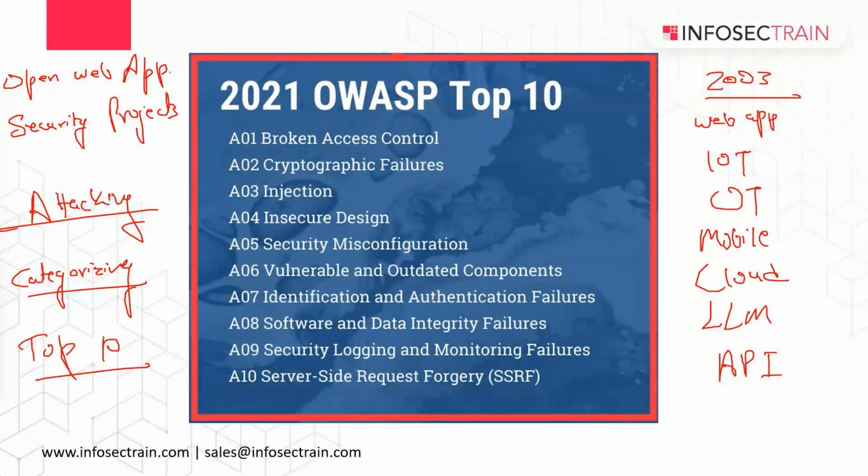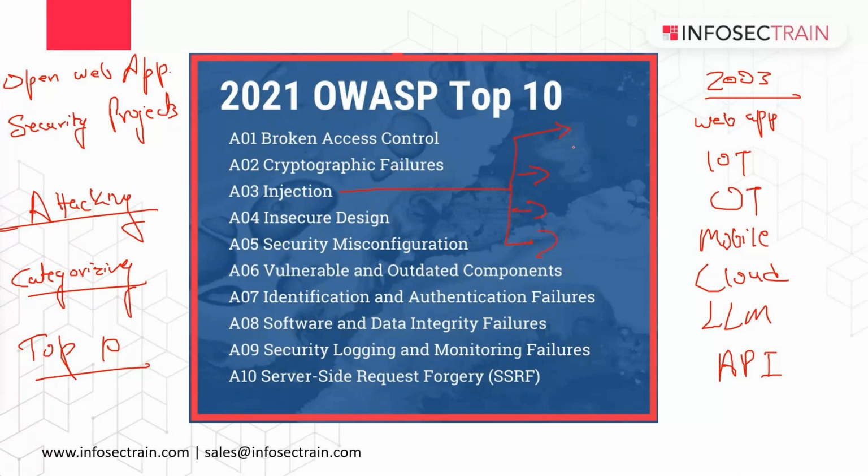What OWASP has done very thoughtfully and I think intentionally, they have created categories of attacks. These are not vulnerabilities only, these are categories of vulnerabilities, right? There are vulnerabilities also, but there are some categories also. Let's say there is injection written, right? Injection is not only one vulnerability, it is a category of vulnerabilities, right?